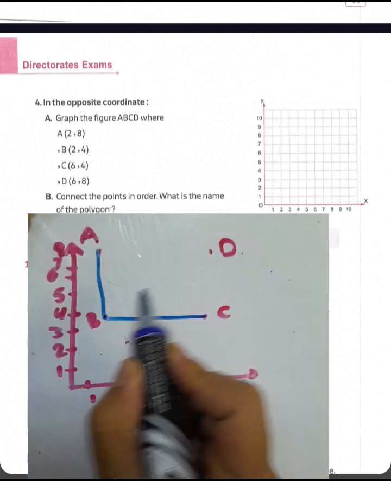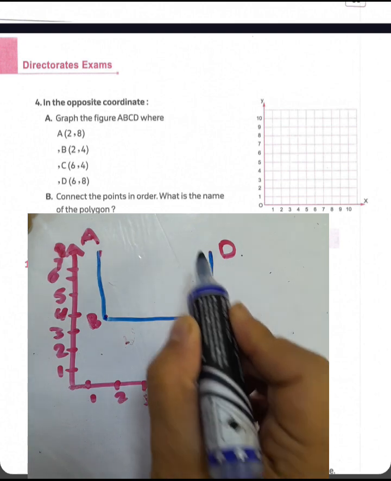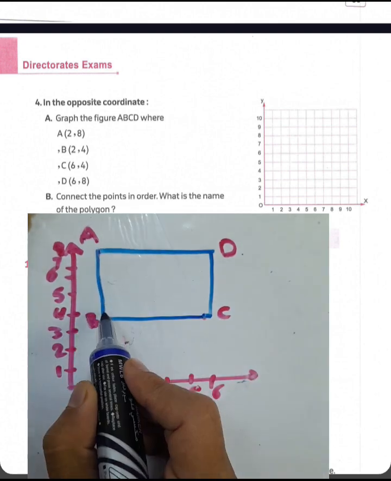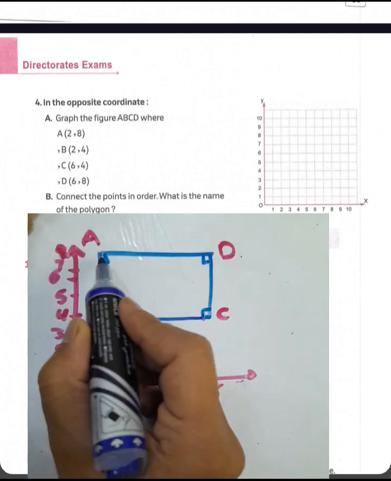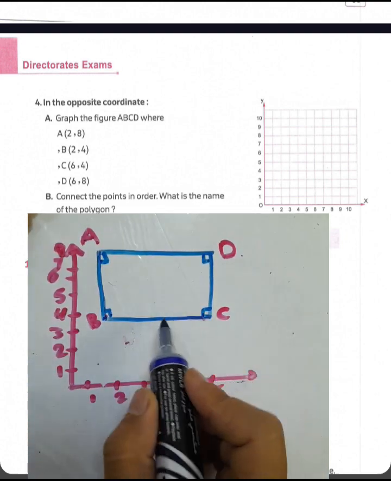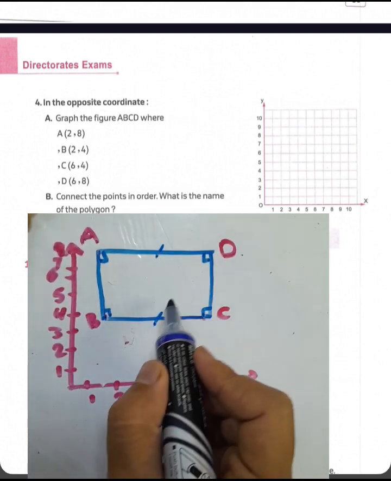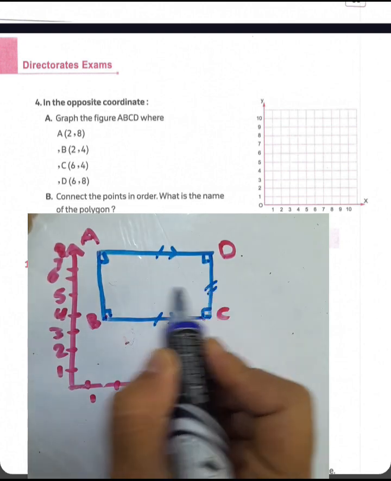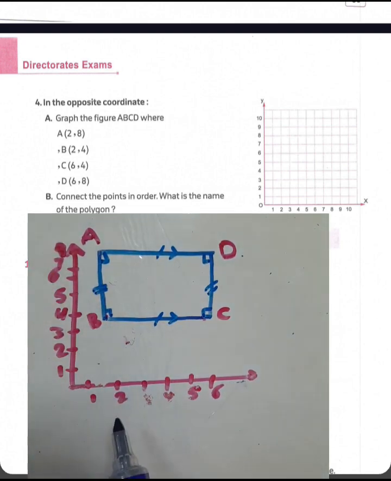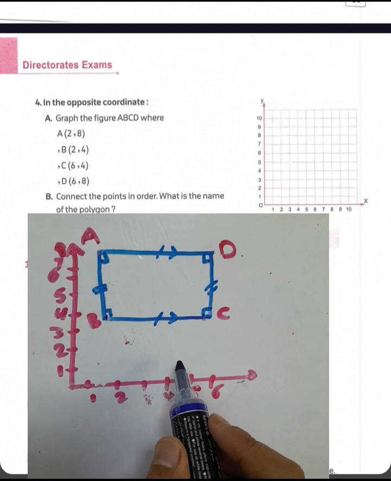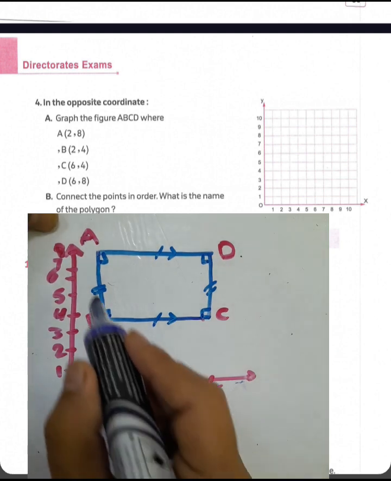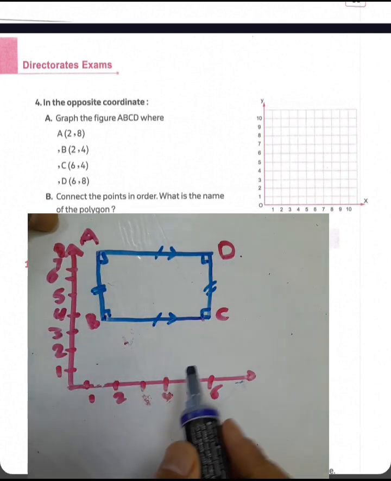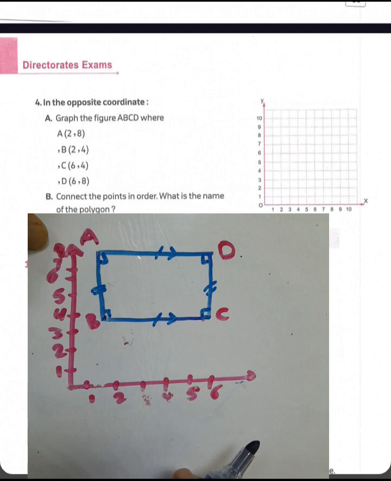To draw the rectangle, we have 4 sides, parallel, and 4 right angles. The distance between 8 and 4 is 4, and here we also have 4.